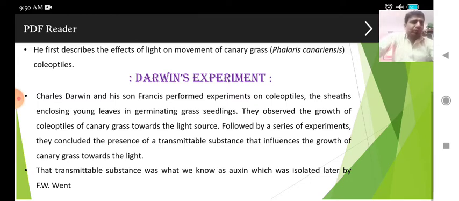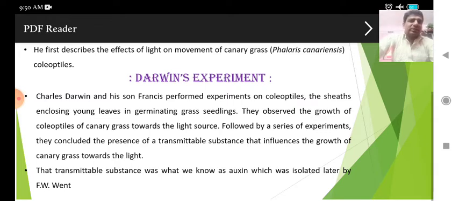The main aim behind his study was to find exactly which component, which molecule, is responsible for the movement of that canary grass towards the light.